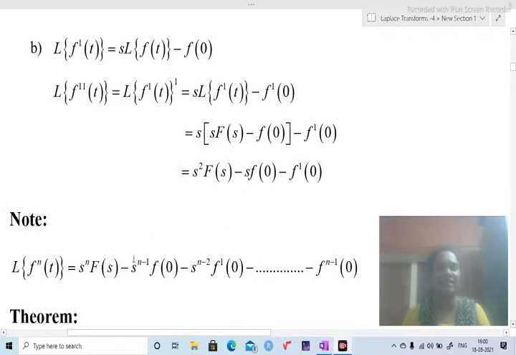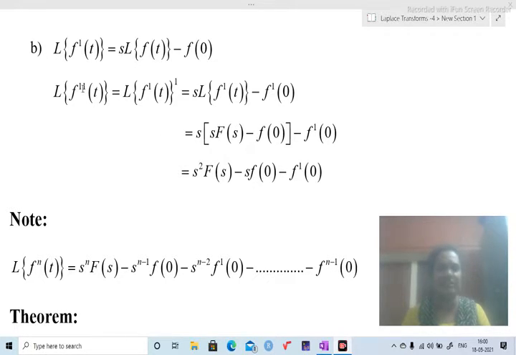Now this is the generalization. That means Laplace transform of nth derivative of f of t is equal to s power n F of s minus s power n minus 1 f of 0 minus s power n minus 2 f dash of 0 minus and so on, minus f power n minus 1 of 0.